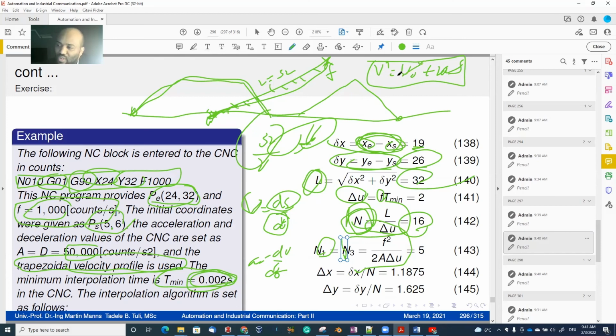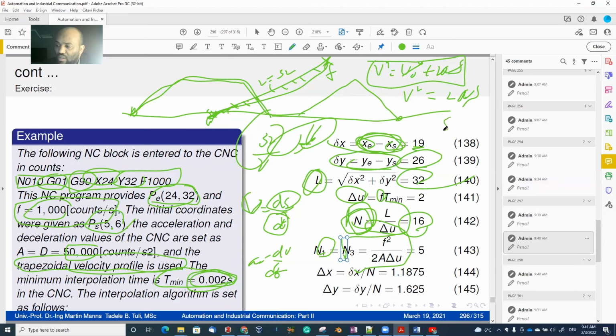So maybe if you have initial speed 0, then final speed square equals twice the acceleration times the distance. Now you want to know actually the distance, because you know the acceleration and the velocity, right?